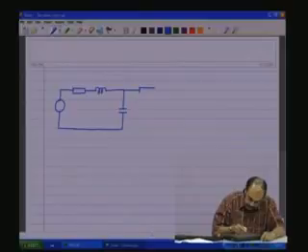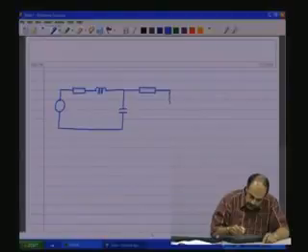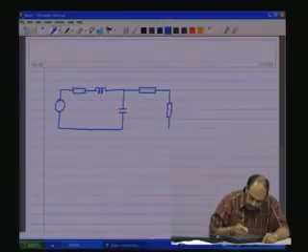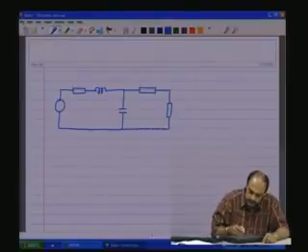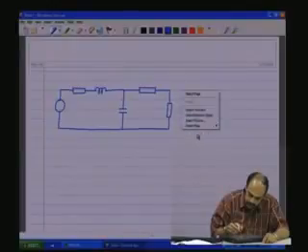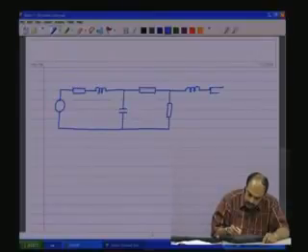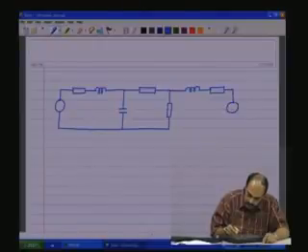Now, I am going to connect a few more components, another resistance and a resistance connected to ground. So, we have one more loop there, and we have, let us say, one more inductance and a resistance and probably a source.